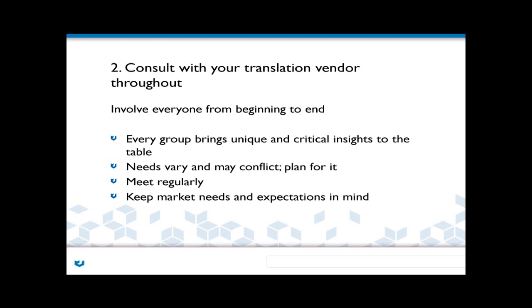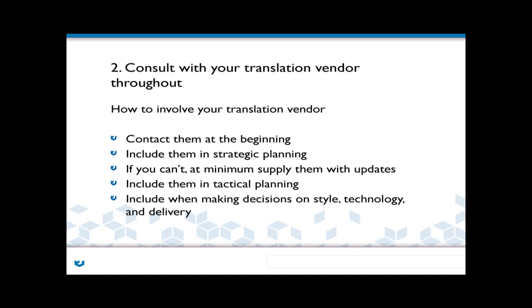Having a plan for translation is great, but if 60% of your overseas market or your European market or your Asian market or what have you uses a mobile device for their primary content consumption, you need to be able to plan for that, even though you may be targeting PDFs and online help for your U.S. or North American market.